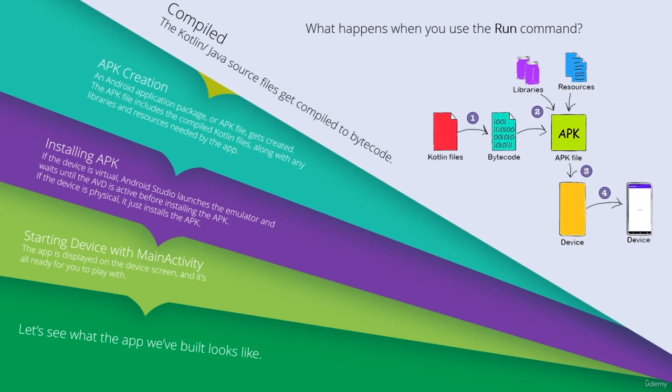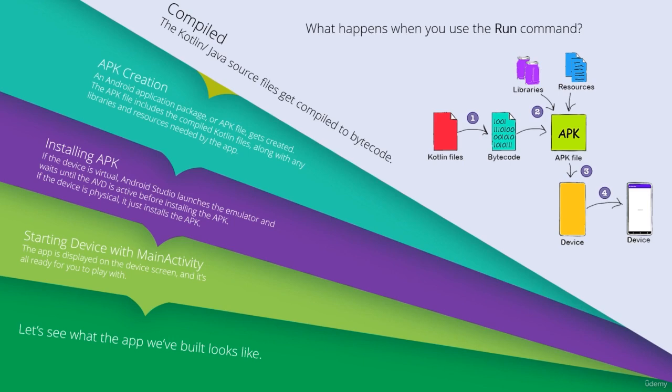We mix them. And then Android Studio will install the APK. If the device is virtual, Android Studio launches the emulator and waits until the AVD is active before installing the APK. If the device is physical, it just installs the APK.